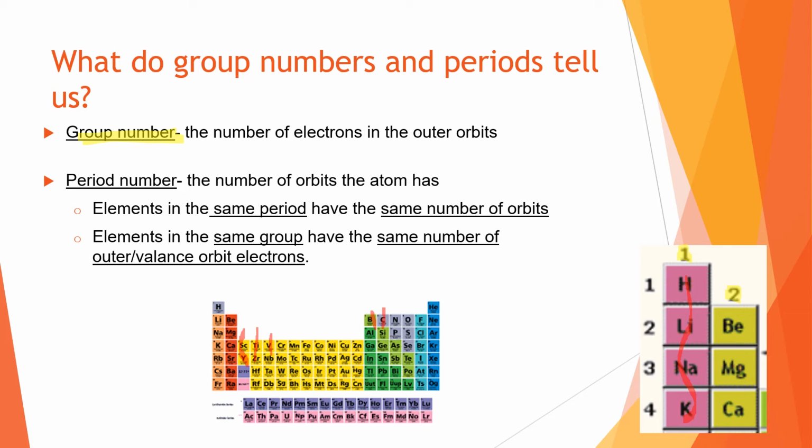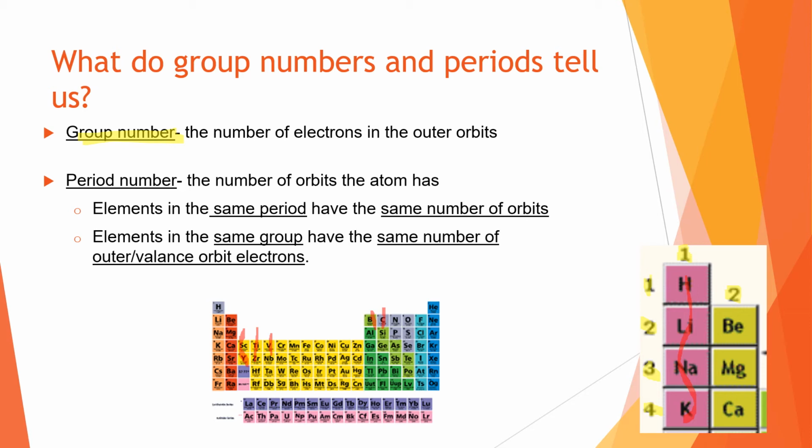Period number is the number of orbits the atom has, and we'll find the period number going down this way. So group number is the vertical groups, period is the horizontal rows. 1, 2, 3, 4 going down are the period numbers.